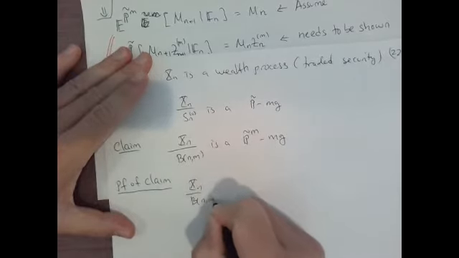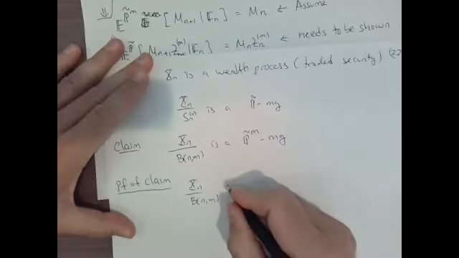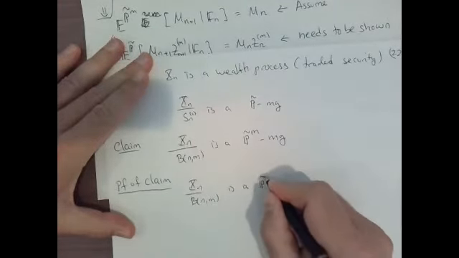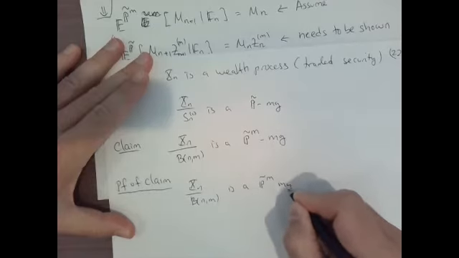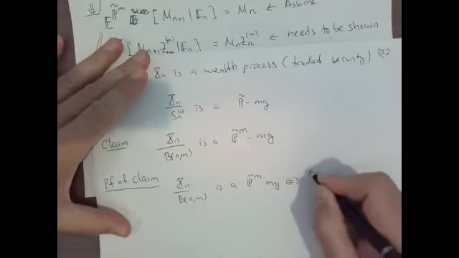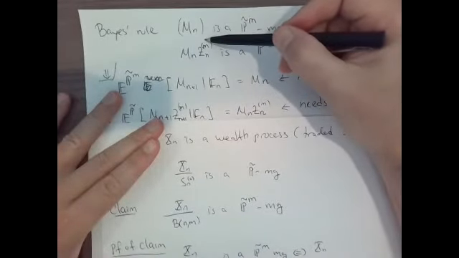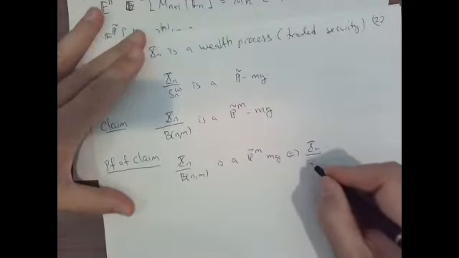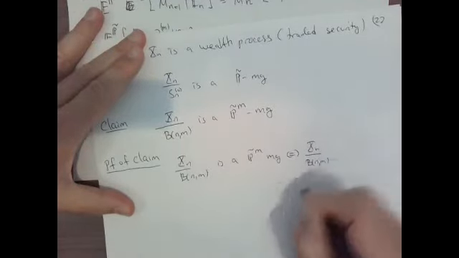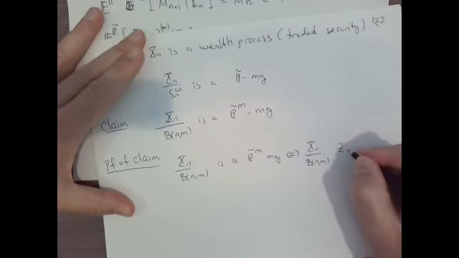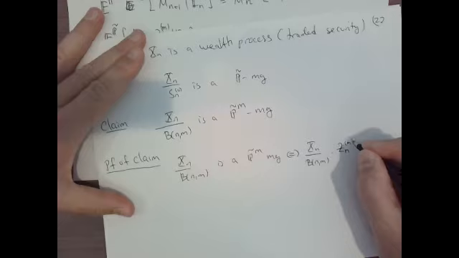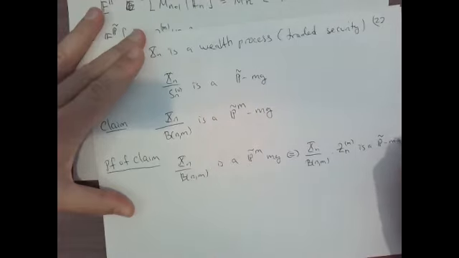Well, I'll use that result up there. This is a P tilde M martingale if and only if, what do I need to do? I need to multiply onto the Radon-Nikodym derivative process. So this will be Xn divided by BnM times CnM. This is a P tilde martingale.